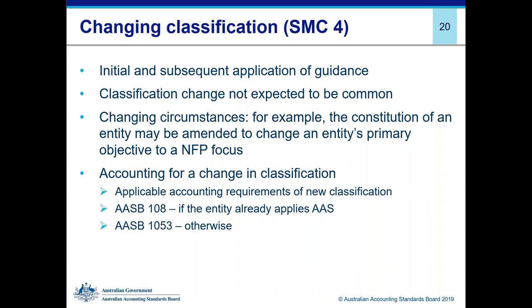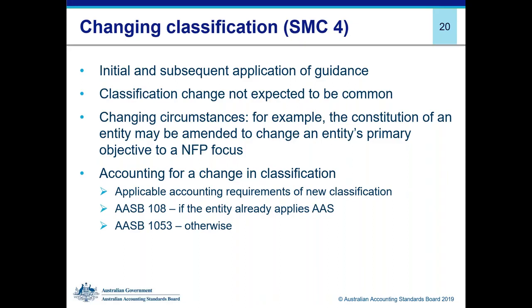Now, the statement is made that a classification change would not be expected to be common, but clearly it can happen, and so hence we have these proposals. A change in classification between for-profit and not-for-profit could well be based on a change in the constitution or founding document of an entity. It may change its focus to a not-for-profit focus or otherwise.